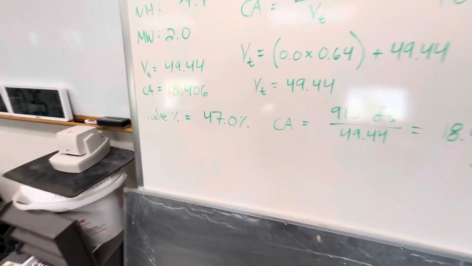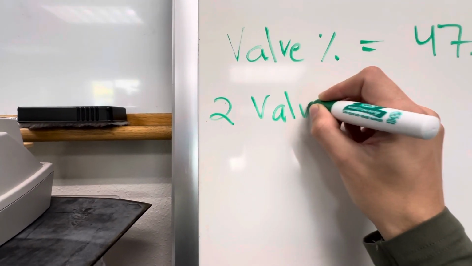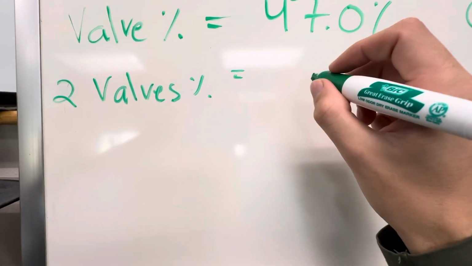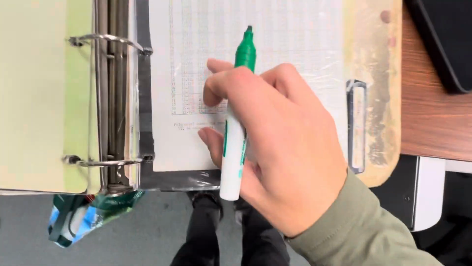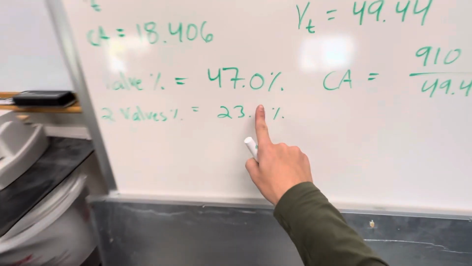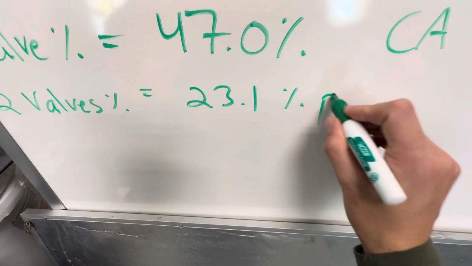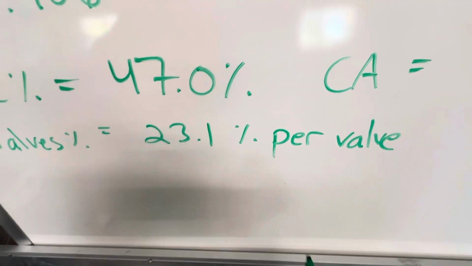And that is if we're running 2 valves. The valves percentage is 23.1, and that's per valve. This is important stuff.